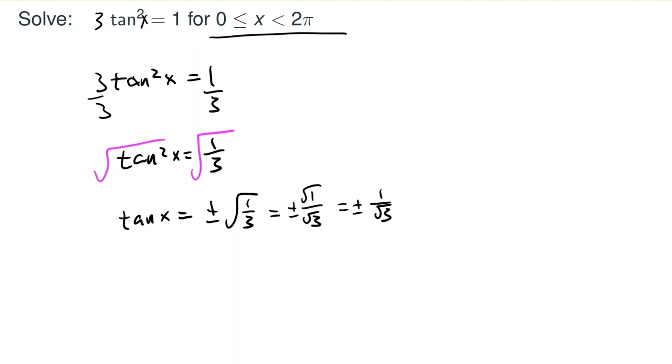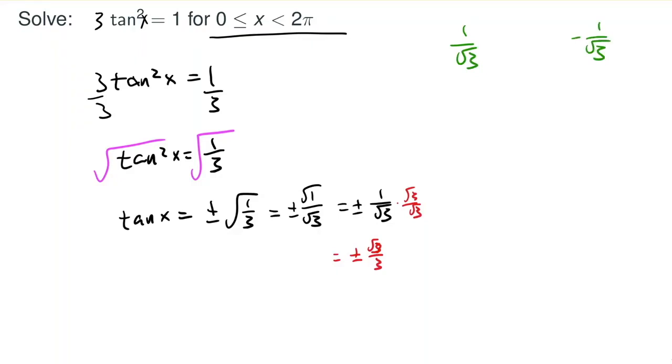And we could rationalize here by multiplying like this, which gives us plus minus square root of 3 over 3. Okay. Either way will help us find the same angle. So let me write, we have 1 over square root of 3 or negative 1 over square root of 3.